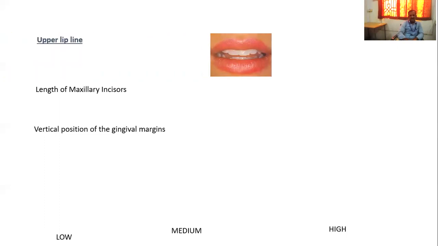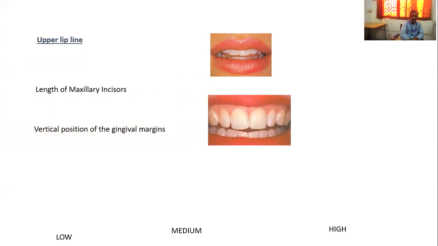When you see the photo over here, as I told you earlier, the ideal smile line is your convex smile. That means he's having a pleasing aesthetic. Then the next thing that should strike your mind is the length of the maxillary incisors, and how the maxillary incisors are present.